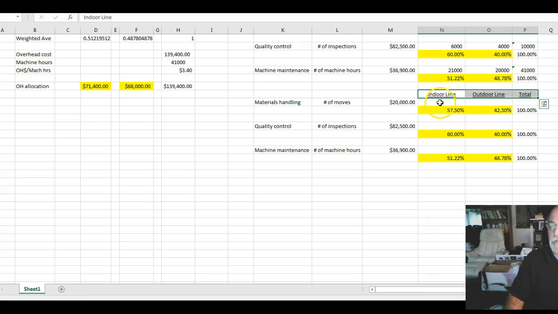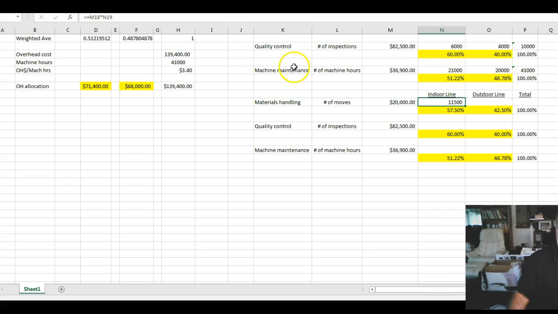Okay, so I'm going to simply take the total cost to be allocated for that activity cost pool and multiply it by the percentage that relates to that product, and that's 11.5.